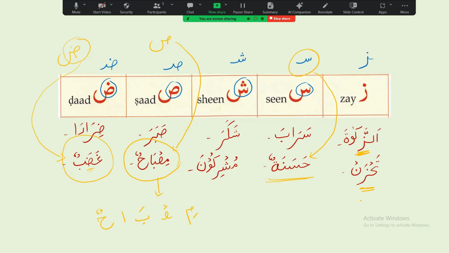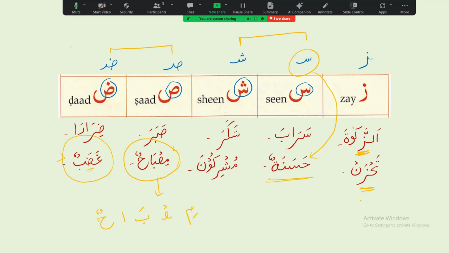So, sisters, you might have seen that for the alphabets which have a similar shape, we do the same procedure with them, right? We did the same procedure with the Seen and Sheen alphabets, and we also did the same thing with the letters Sad and Dad because they have similar shapes, just the difference is in the dots. For now, you are familiar with this thing: the main thing in Arabic alphabets is to remember the dots properly.